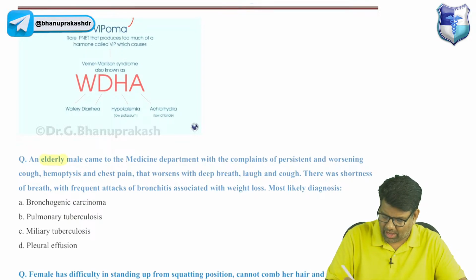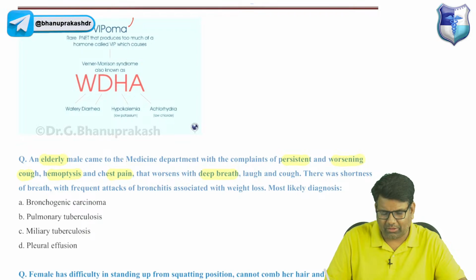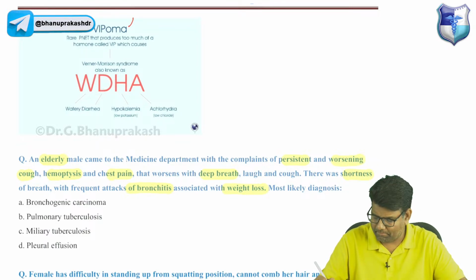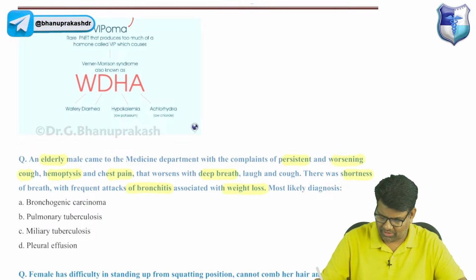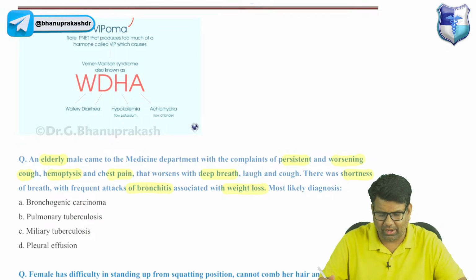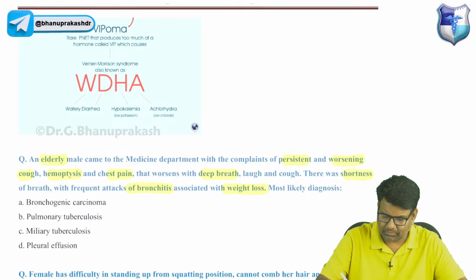Now, next question. An elderly male has a persistent and worsening cough. There is hemoptysis, chest pain that worsens with deep breath or any exertion. There is dyspnea, and there are frequent attacks of bronchitis. But more importantly, there is weight loss. Now, what will you think of?